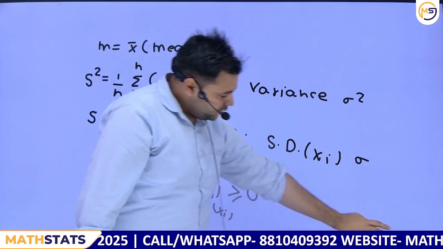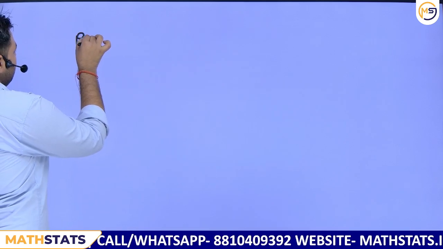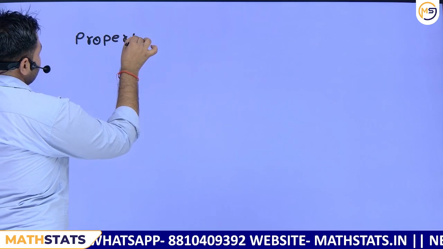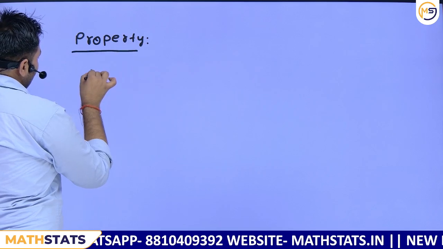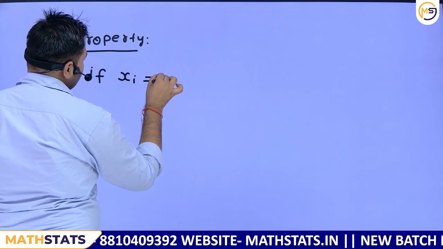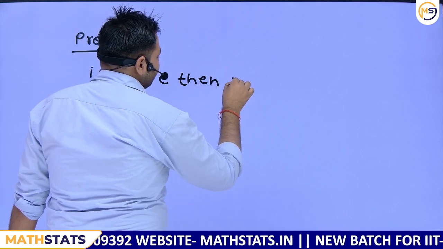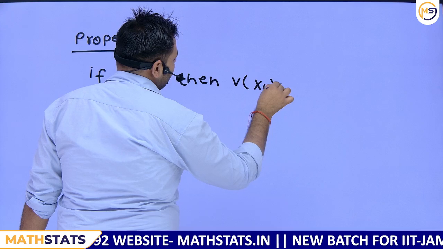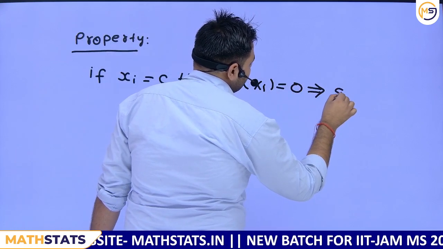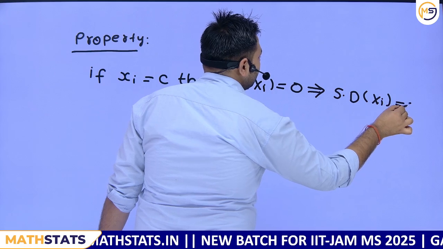Now see the properties of variance. First property: if all xi equal c, then variance of xi equals 0 and the corresponding standard deviation also equals 0.